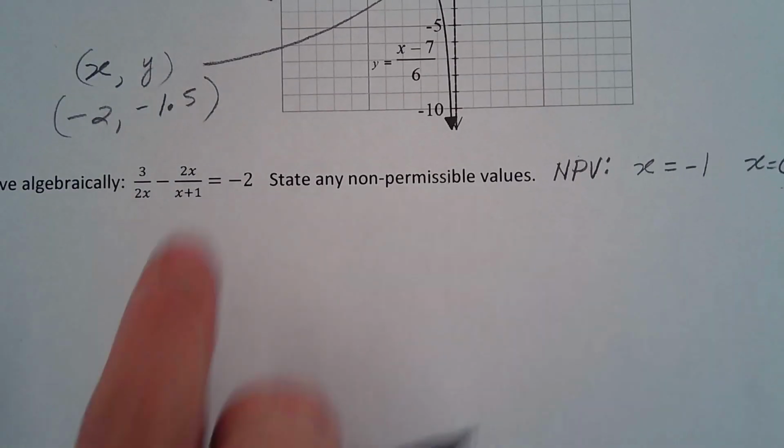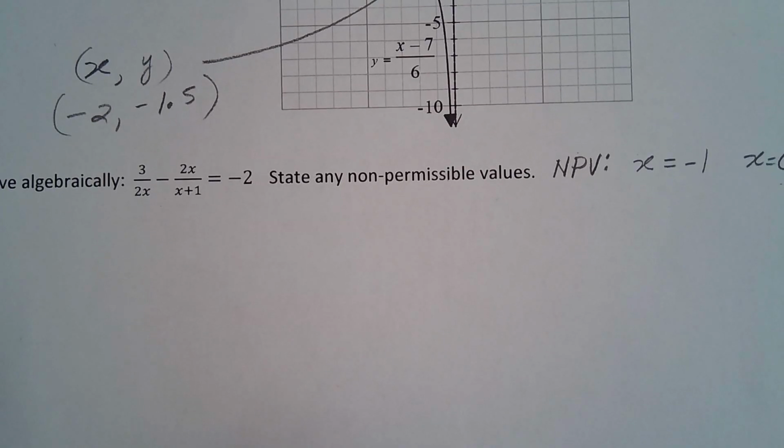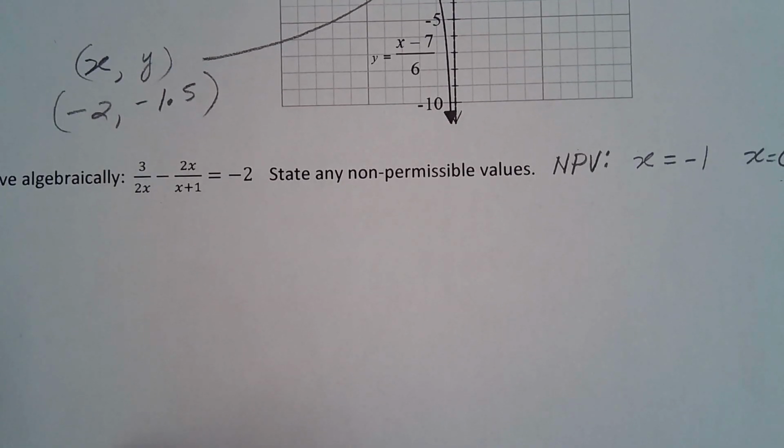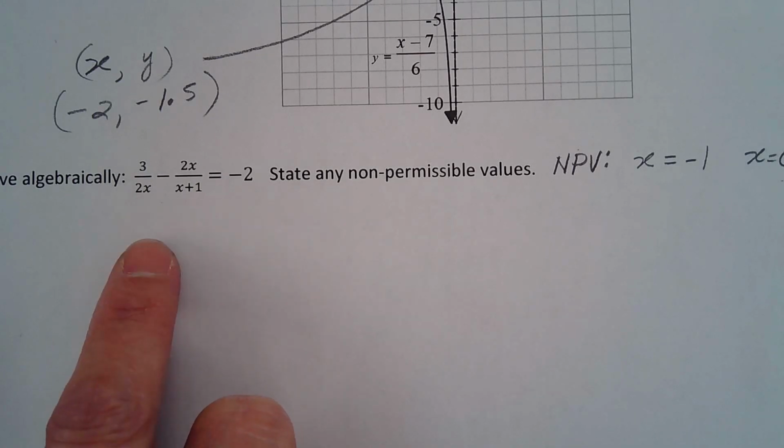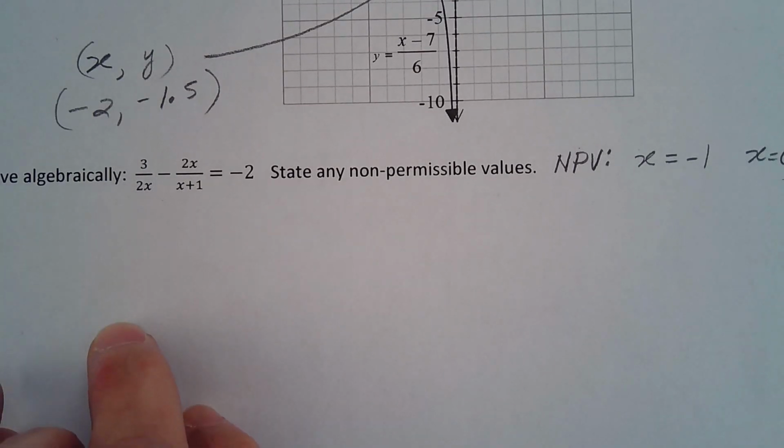Any ideas on how we can figure this out or solve this? Yeah, get rid of the denominator. Here's what I think, this is something that's discussed in grade 11 topic.